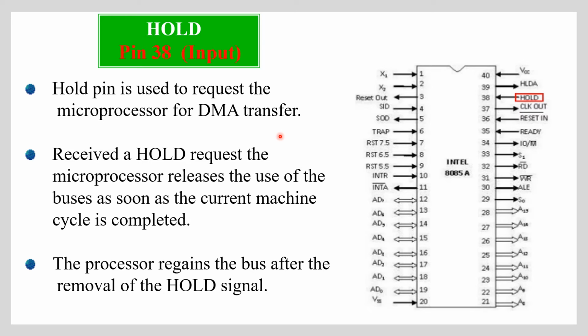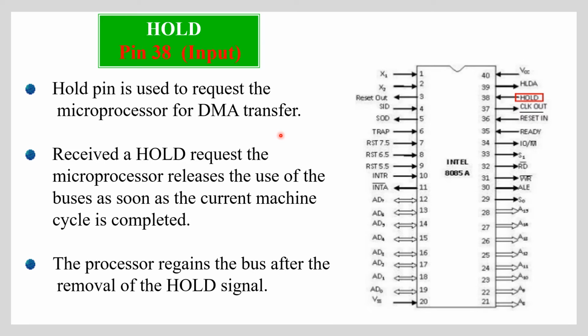So DMA requests the microprocessor to release its address and data bus so that it can do a direct transfer from input output devices to memory. This increases the speed.